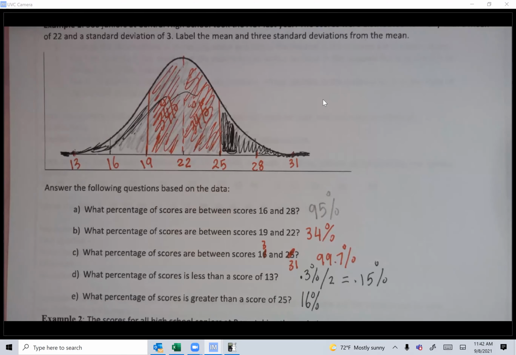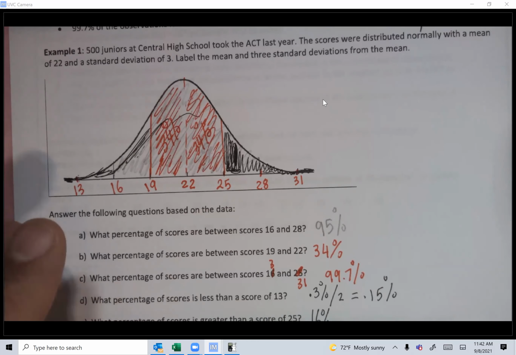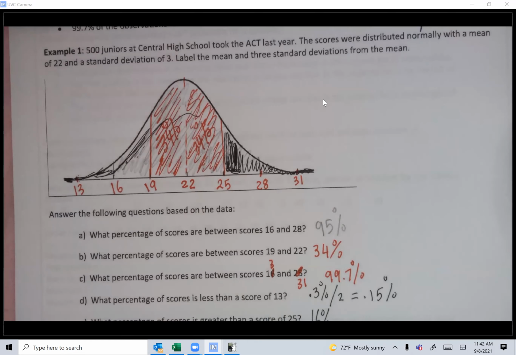So this is what we call, guys, the empirical rule. It's called the 68, 95, 99.7% rule. The 68 belongs to one standard deviation. The 95 is 2 standard deviations. And the 99.7% is 3 standard deviations.